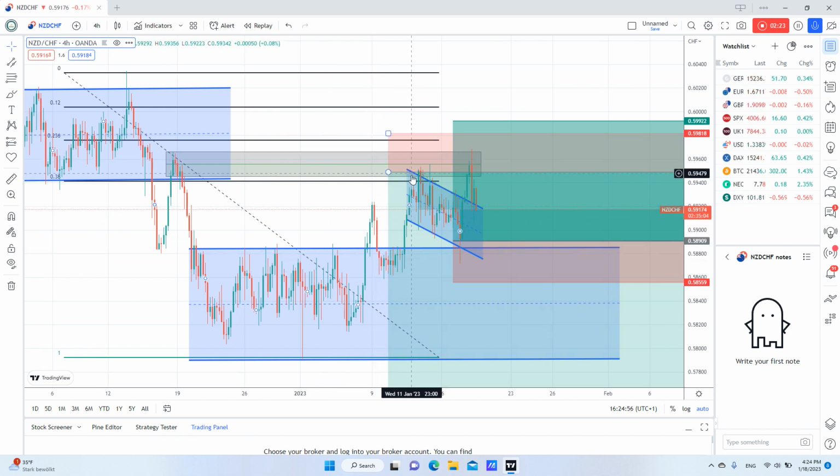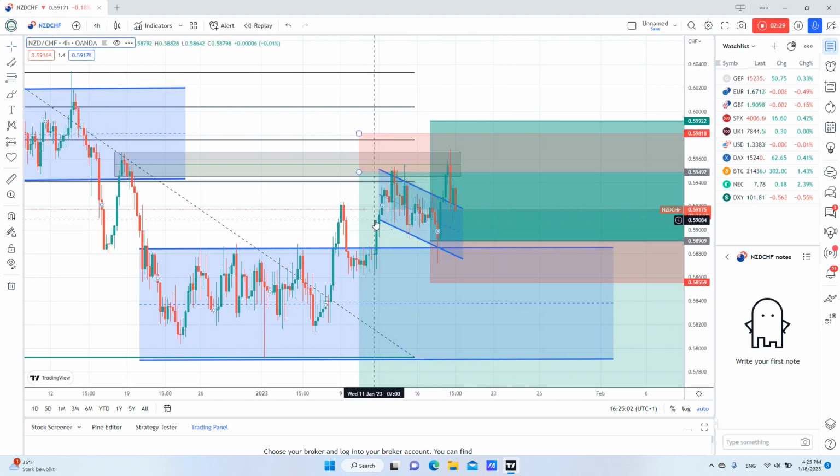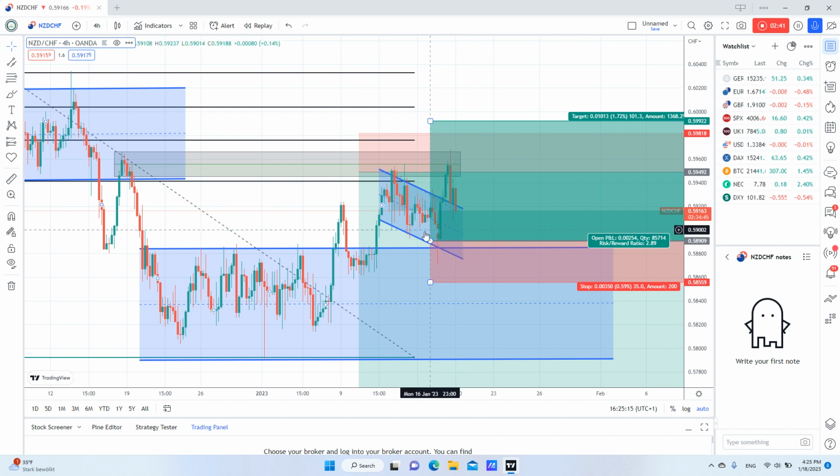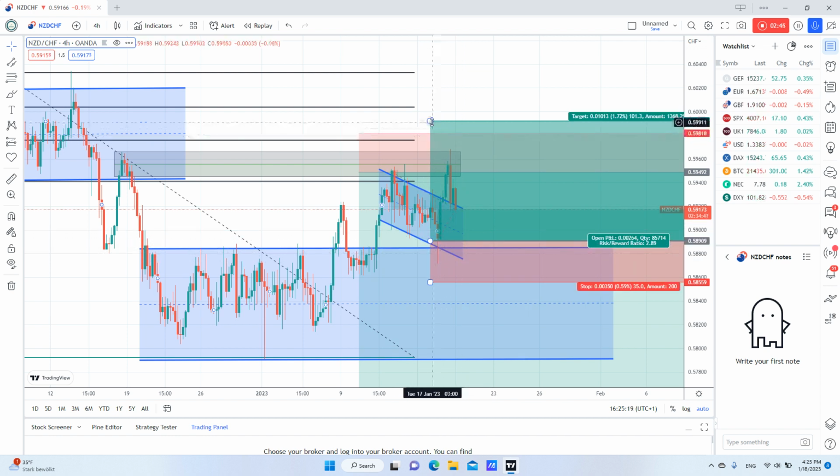We broke the structure here and went down in this corrective way. This is the impulse correction. You can easily, I guess, differentiate between impulse and correction. So here I entered my trade and I also exited here.